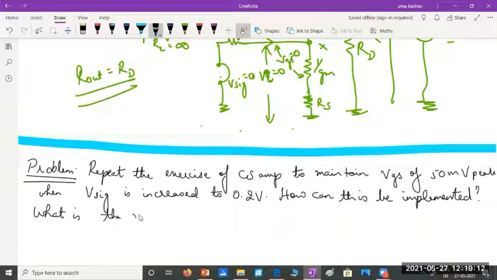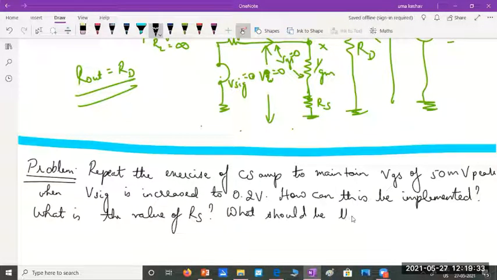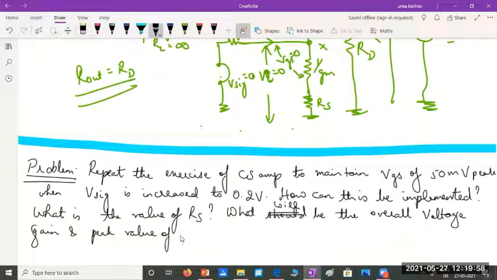What is the value of RS? What will be the overall voltage gain, and the peak value of the output signal? So this is the problem given.